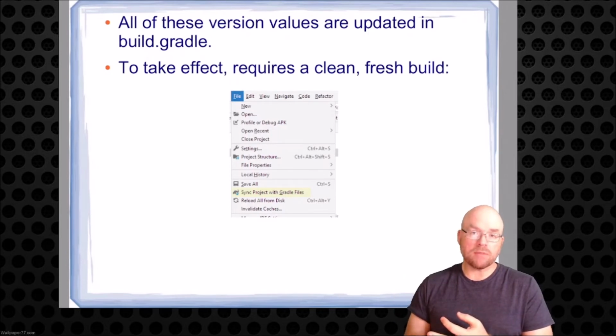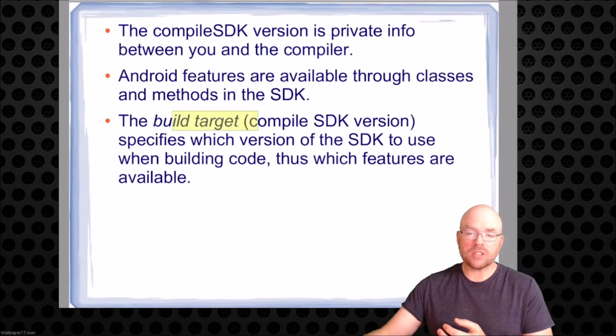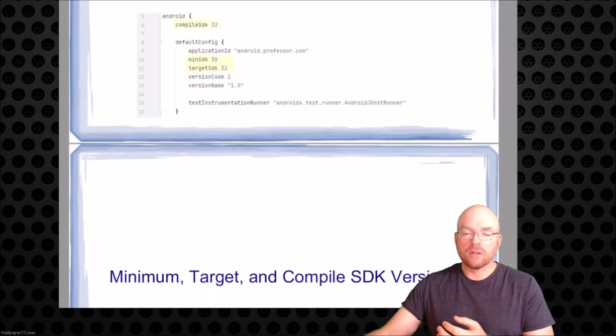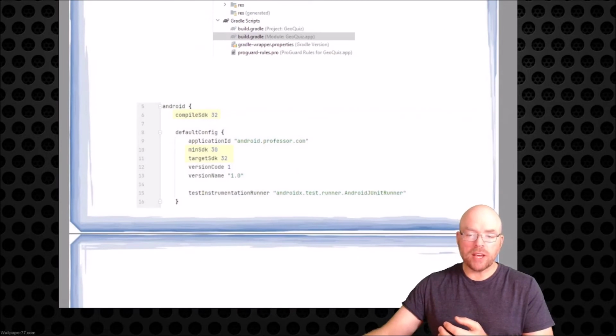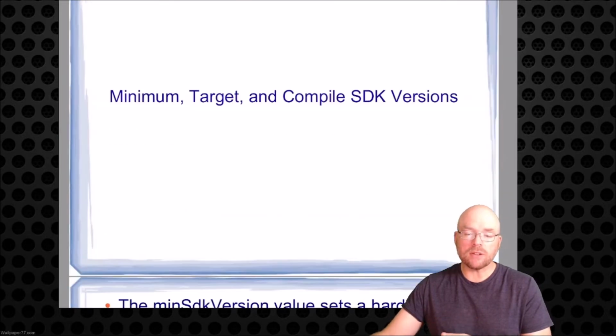You can just type it, save it, where it says min SDK 30. Edit that, change it to 26, or target SDK, change it from 32 to 34, whatever the latest version is that you want to upgrade to.